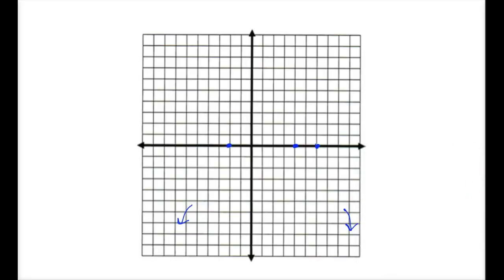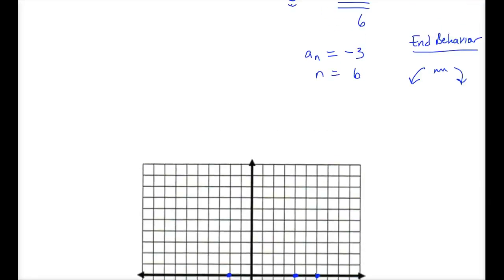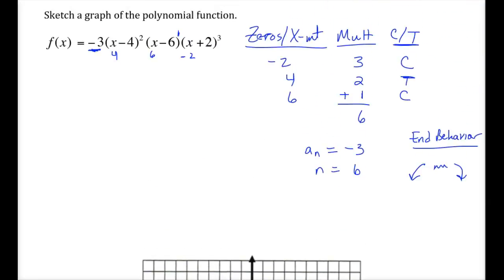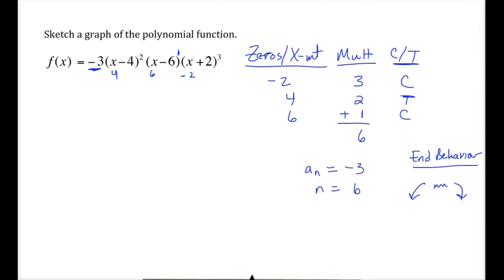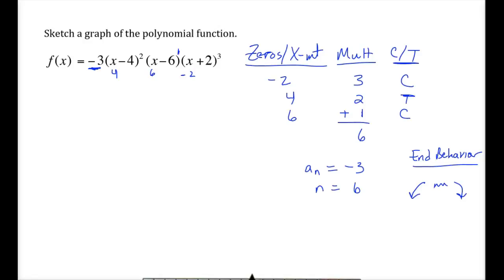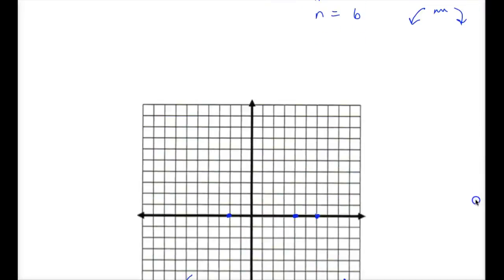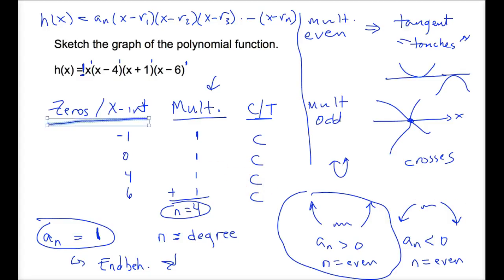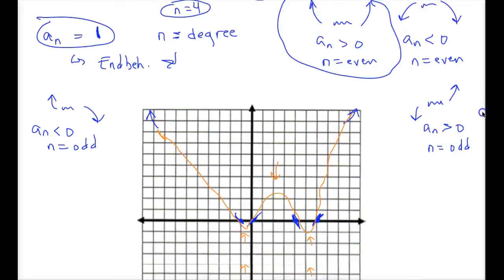And so now we can go back up and tell from the multiplicity where it crosses or touches. So at negative 2, we know it's going to cross. At 4, we know it's going to touch or bounce off of the x-axis. And then at 6, it is going to cross again. Okay, so let's go back here.